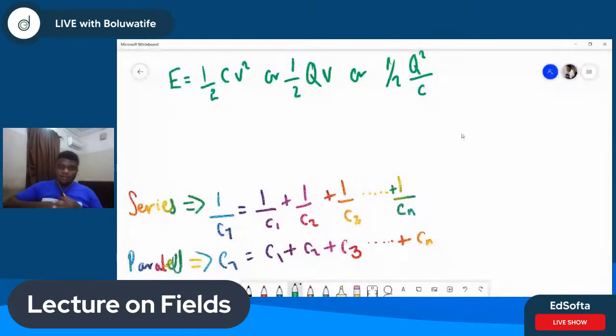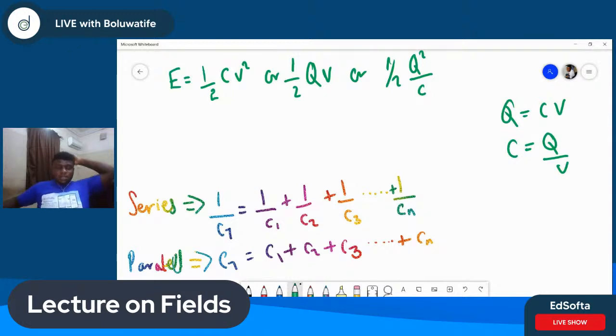The reason there are multiple formulas is that C equals Q over V, the same as Q equals CV, so you just continue substituting. That's why we have QV and Q squared over C.